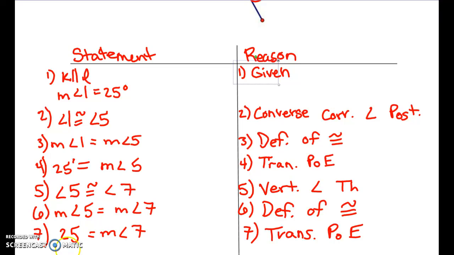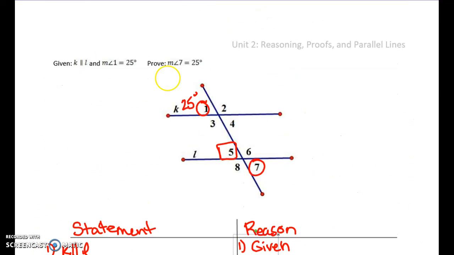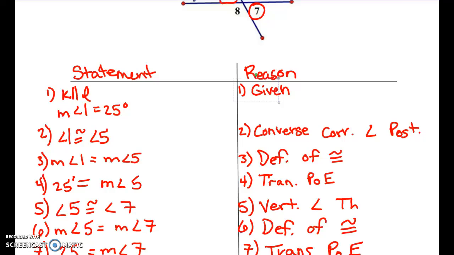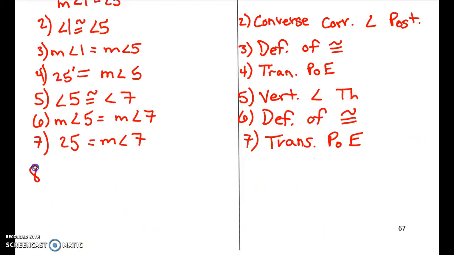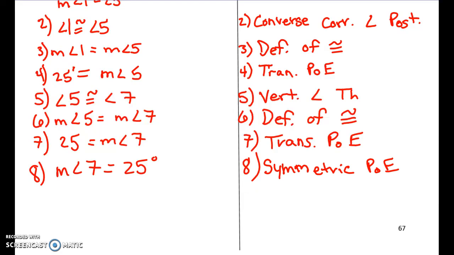But the problem is I don't want to end with 25 equal to 7. I want to end with 7 equal to 25. So my very last step is to say that the measure of angle 7 is equal to 25 degrees by the symmetric property of equality.